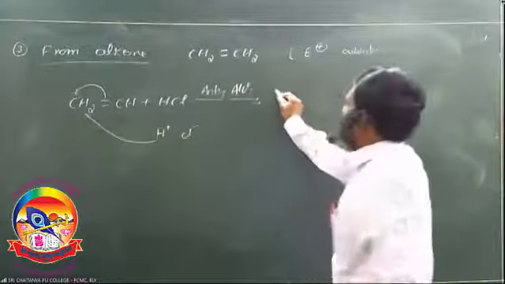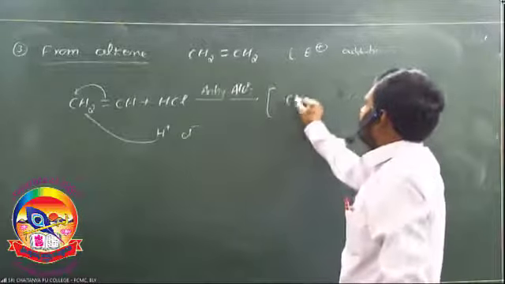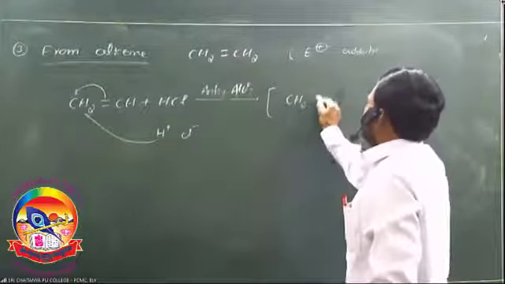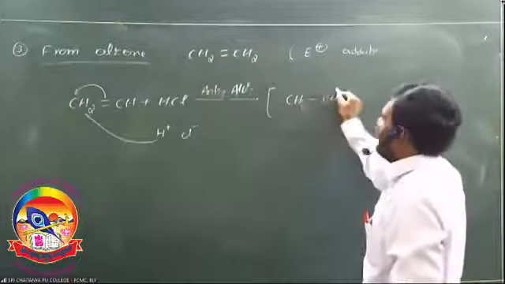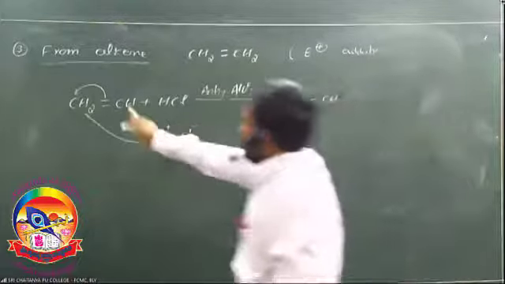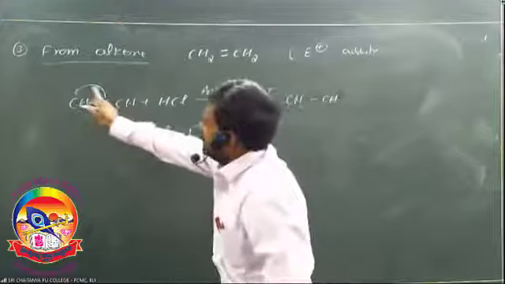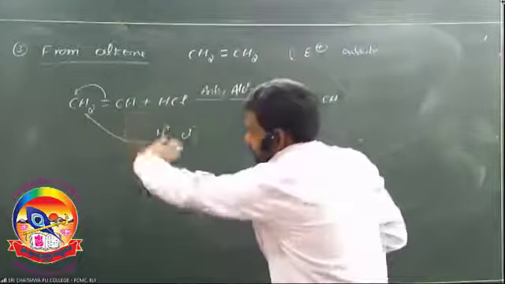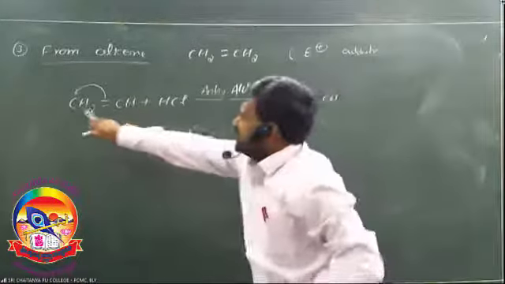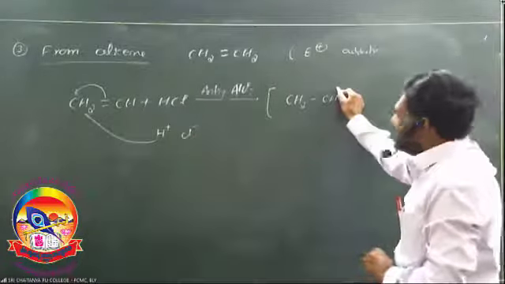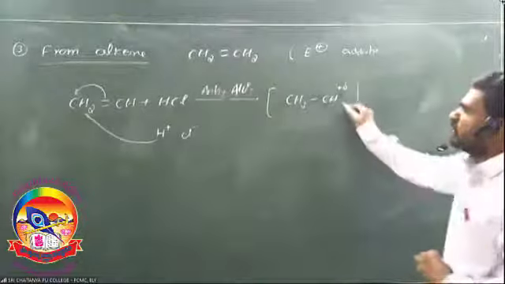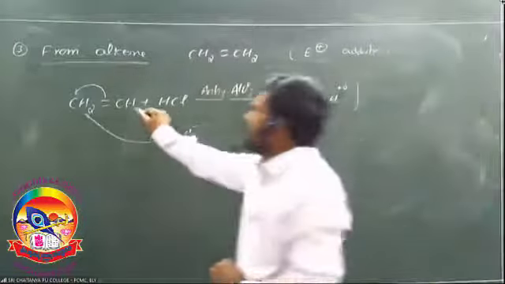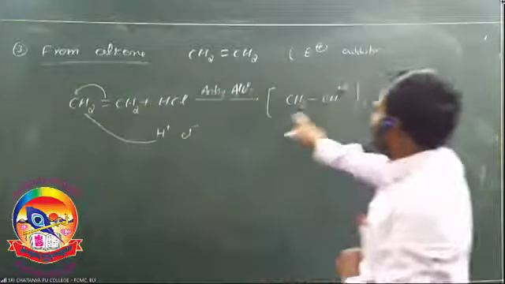So here the first product formed is CH3 single bond CH, and the next carbon gets a positive charge because the pi electrons shifted to the first carbon. This is the first step: CH2 double bond CH2 reacts with HCl.